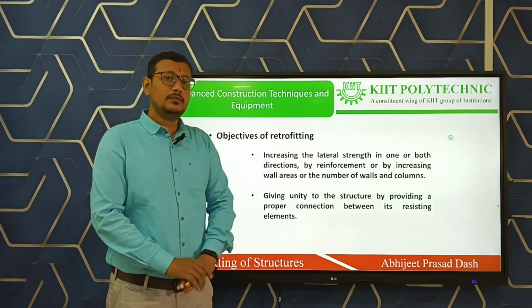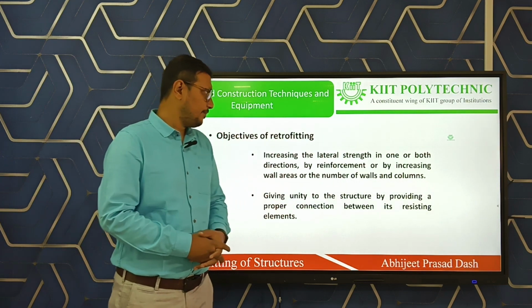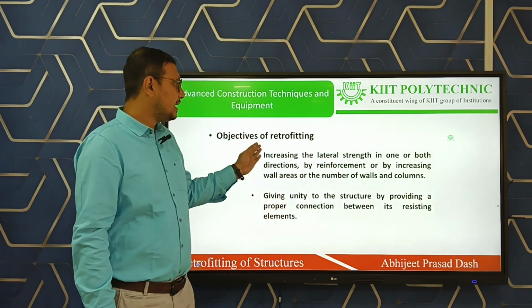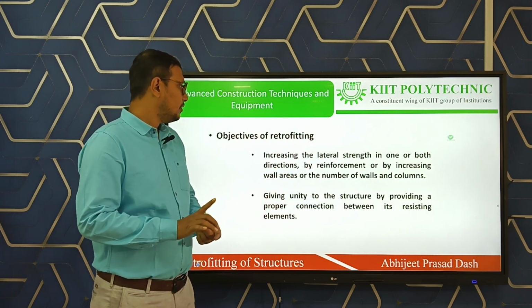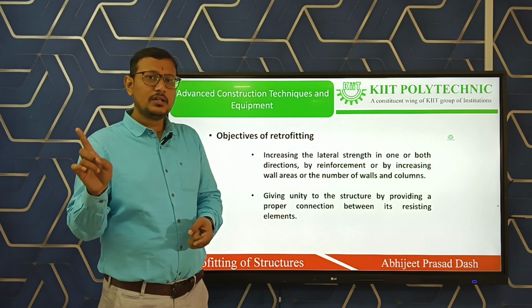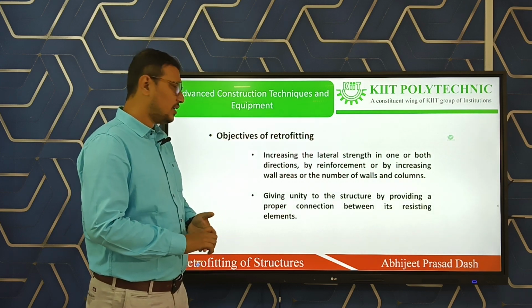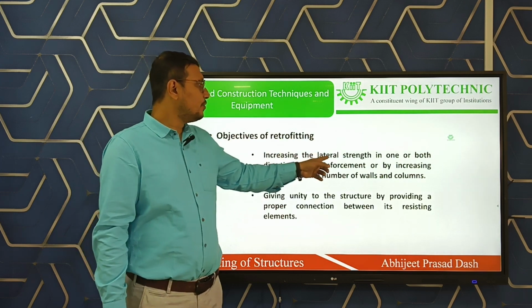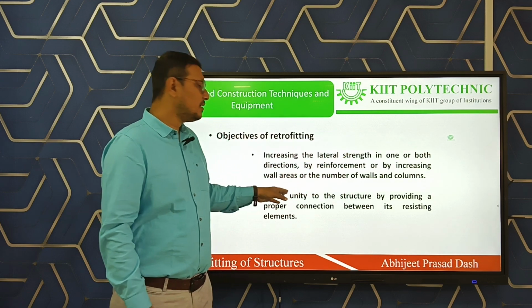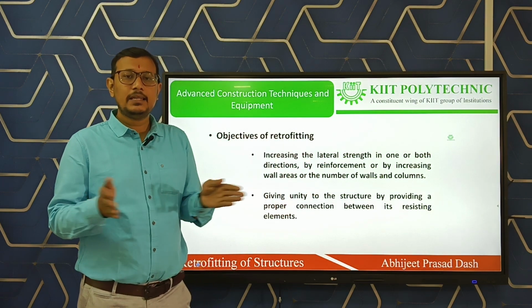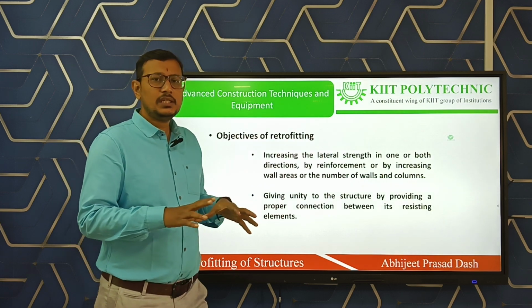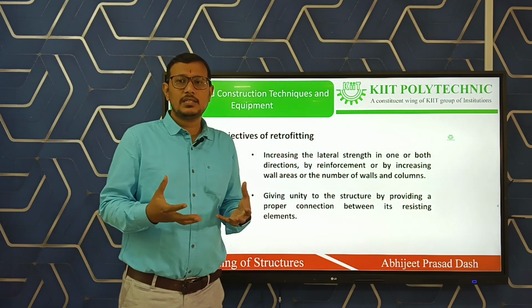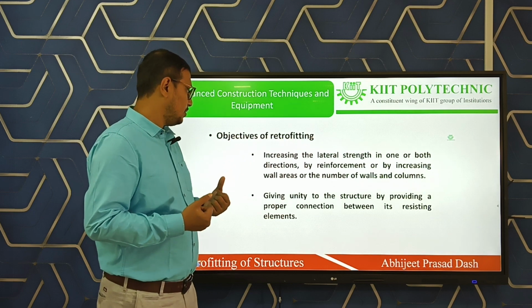What is the objective of this retrofitting? First, increasing the lateral strength in one direction or in both directions, x or y, by reinforcement or by increasing the cross sectional area, or the number of walls or columns.